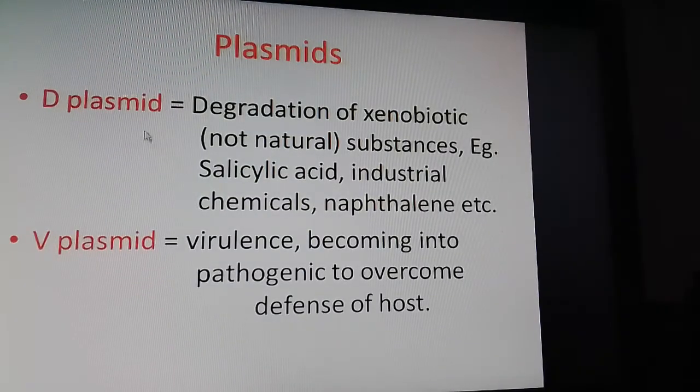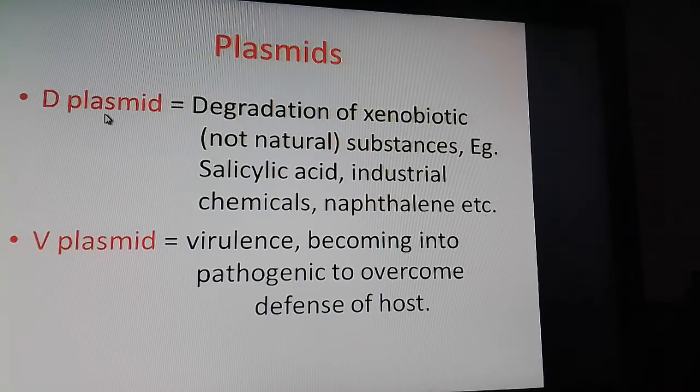D plasmid, the gene available with this plasmid can produce some enzymatic substances which can degrade some of the substances which may be man-made, when they get into the cytoplasm of this bacterium, can digest or degrade, that way escape out of the toxic effect of such xenobiotic substances.